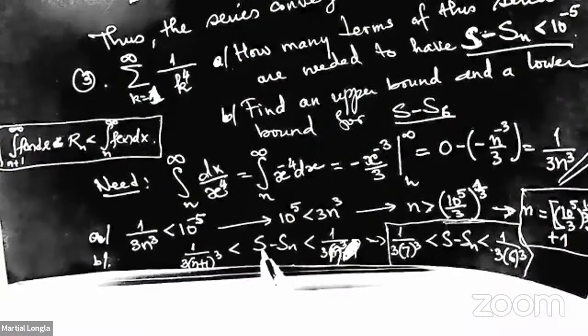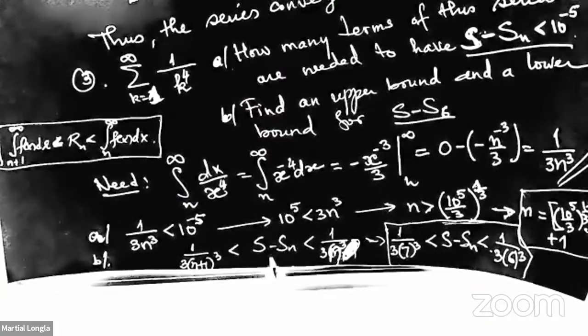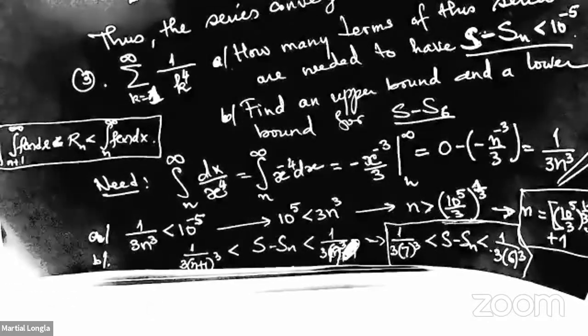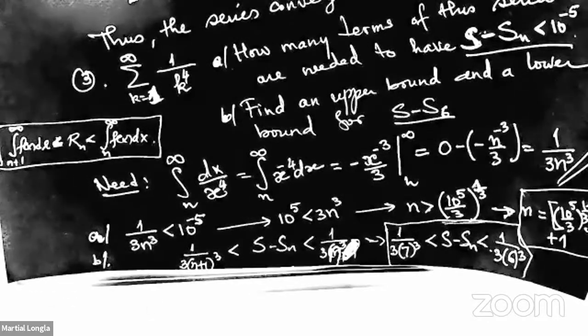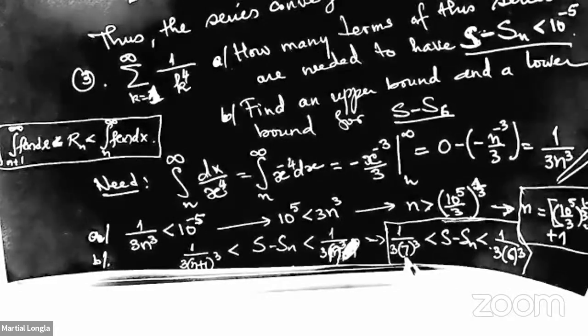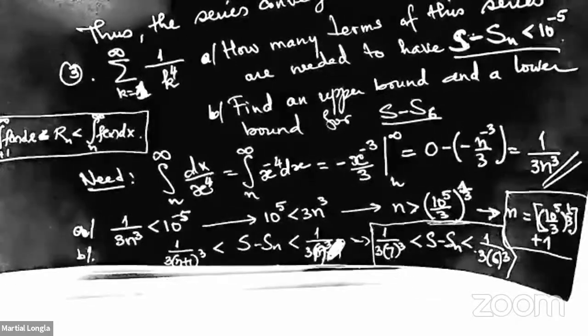You replace here, and this is Rn actually. That's why in a question you could see either this or Rn. And so this is 3 times n plus 1 cubed. This is 3 times n cubed, nothing else here. And then when you plug in the numbers, that's what you get.